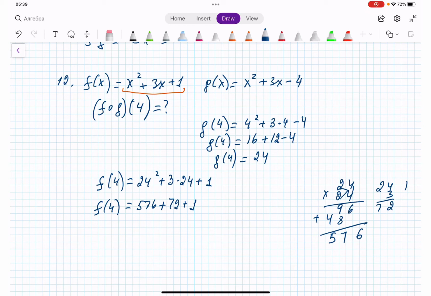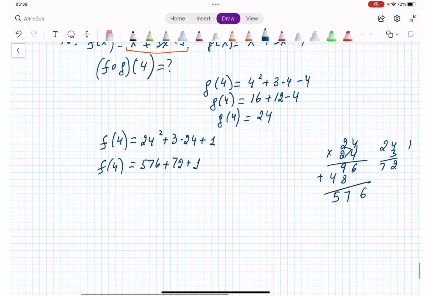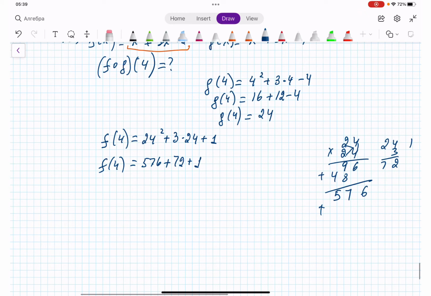So what's going to happen? 576 plus 72 and plus 1. So let's see, 576 plus 72, well, add 73 might as well. 9, 7 plus 7 is 14, 5, and 6. And the answer is 649. Okay, question number 13.